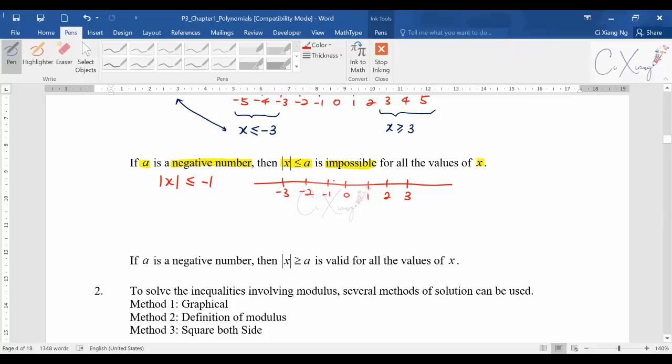So that means there's no number that fulfill this inequality. It is impossible for you to have any modulus value x which is smaller or equals to negative 1. So that means when a is a negative number, this modulus function has no solution. Okay, so that's why you will see that impossible for all the value of x. That means no solution for x.